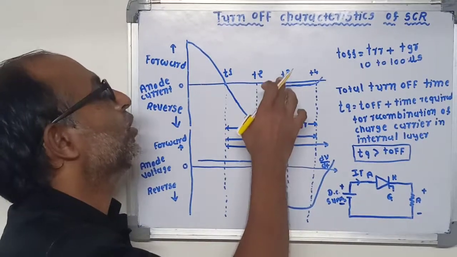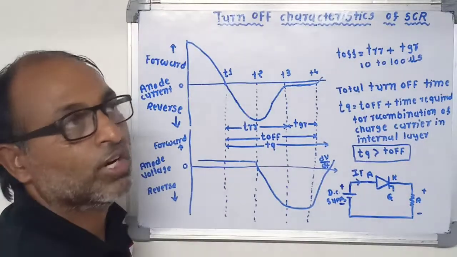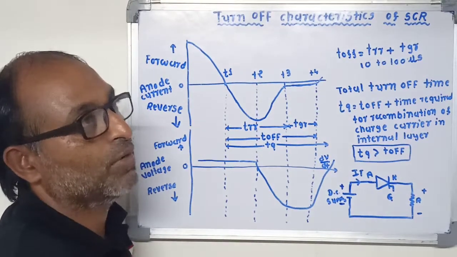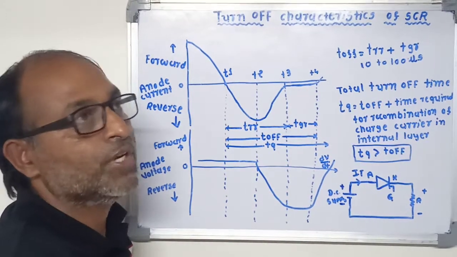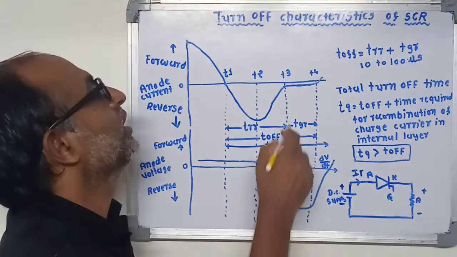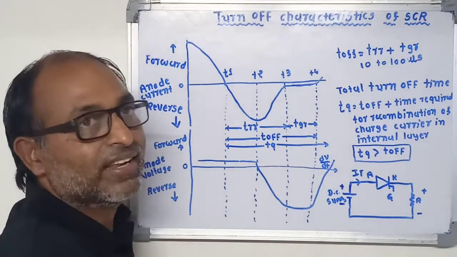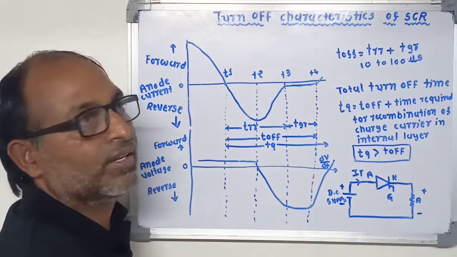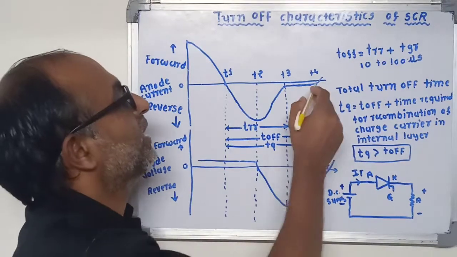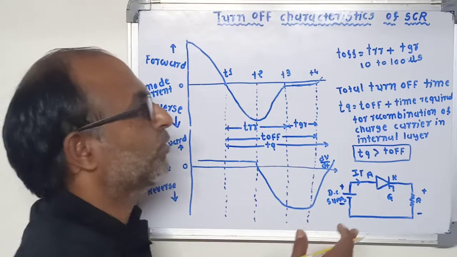At time T3, junctions J1 and J3 are capable of blocking the reverse voltage, but the thyristor is still not capable of blocking the forward voltage because junction J2 has trapped charge carriers. During the period T3 to T4, the charge carriers are recombined. The recombination is completed at time T4 and the SCR is able to block the forward voltage.